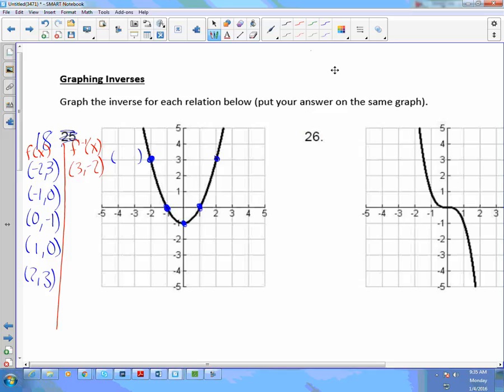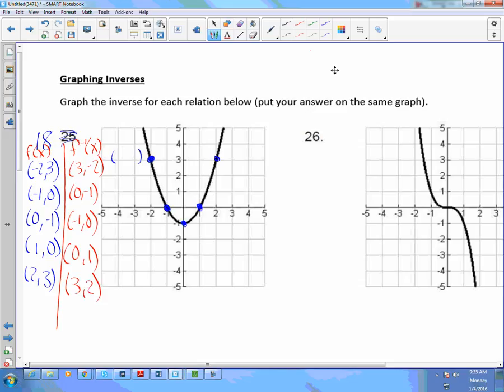Emily, what was the inverse point? 0. Okay, what about 0, -1? What's its inverse? -1, 0. Okay, Jackson, if we have 1, 0, what's the inverse? 0, 1. Okay, Sabrina, what about 2, 3? What's the inverse? 3, 2.